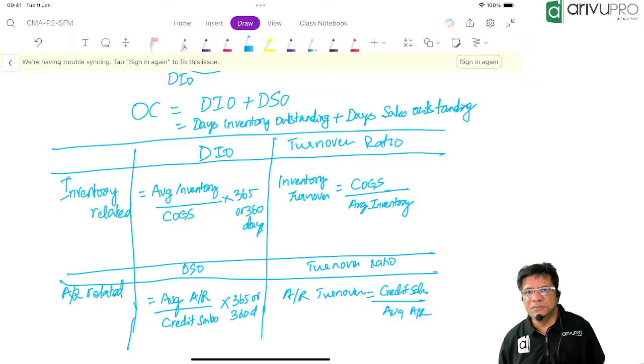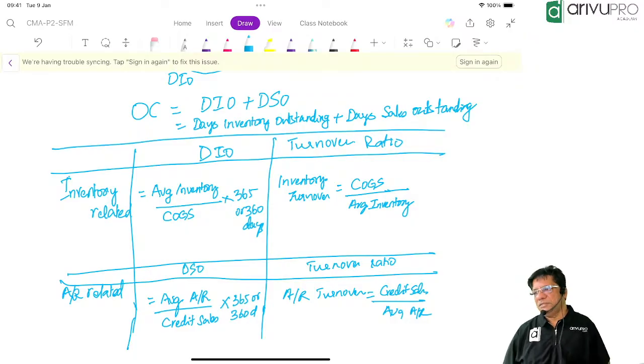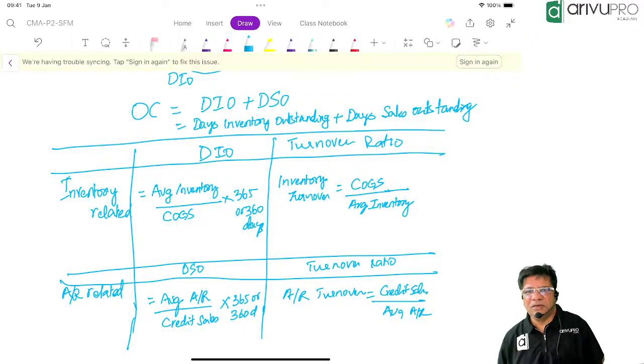B2B, business to business, is credit sales. If you go to the supermarket, everything is cash sales, but that is B2C. But the supermarket has a B2B contract with the distributors and suppliers. They work on credit sales.